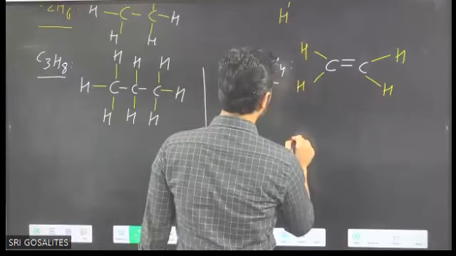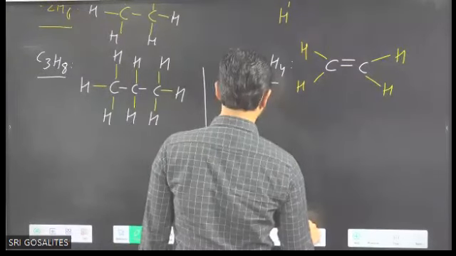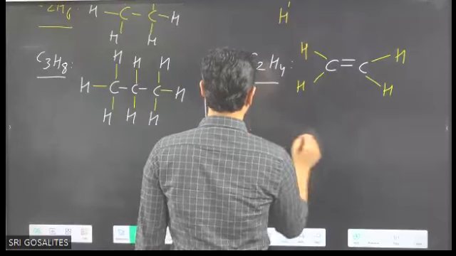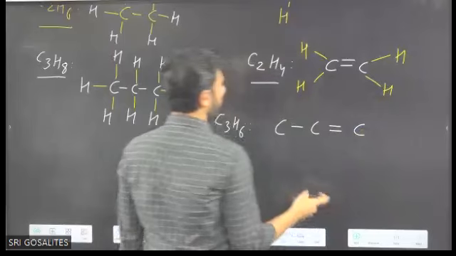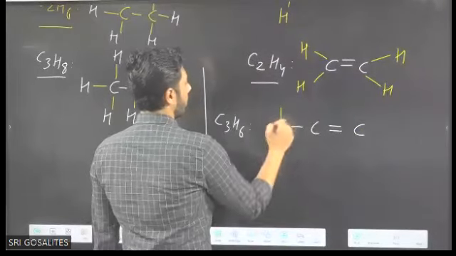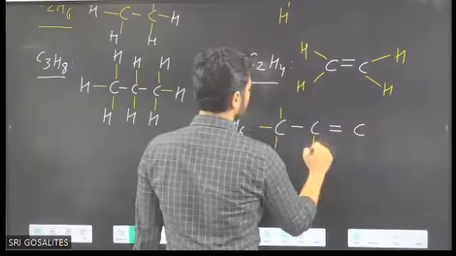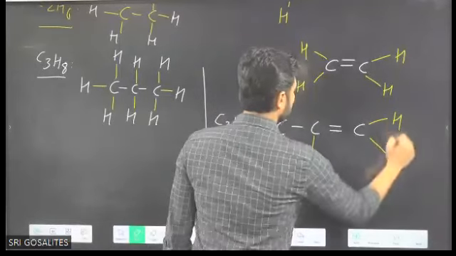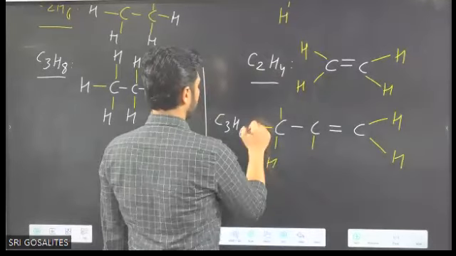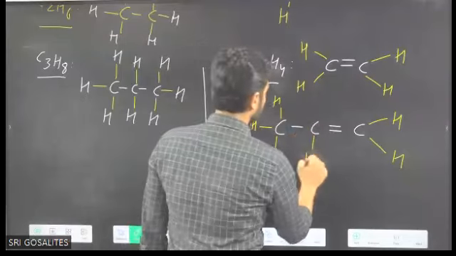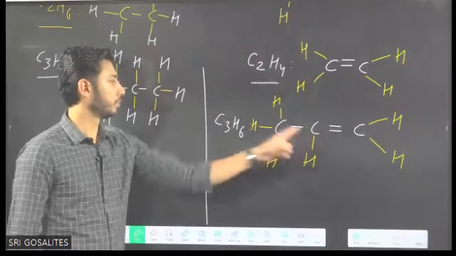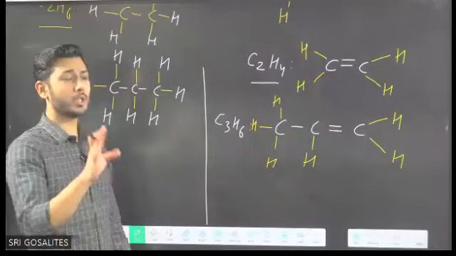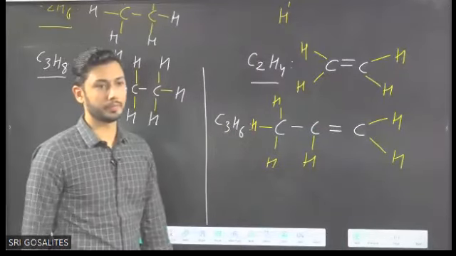In C3H6, the propene molecule, you can write the double bond on either side. Which form is it? Expanded form, each bond shown properly.